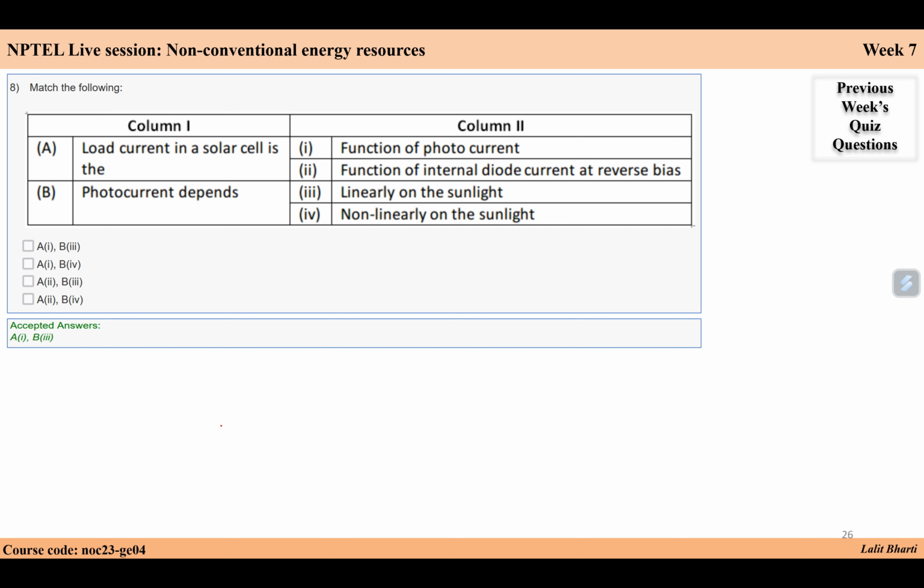So we have a load current, we have a photo current. As we know from our previous discussion and from our lectures, the load current flowing through the load is a function of your photo current.